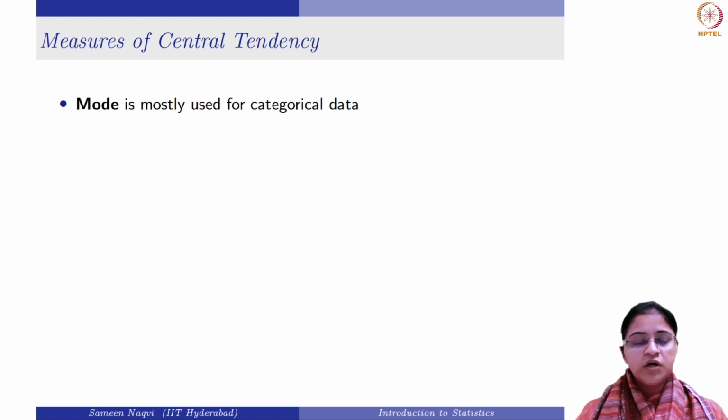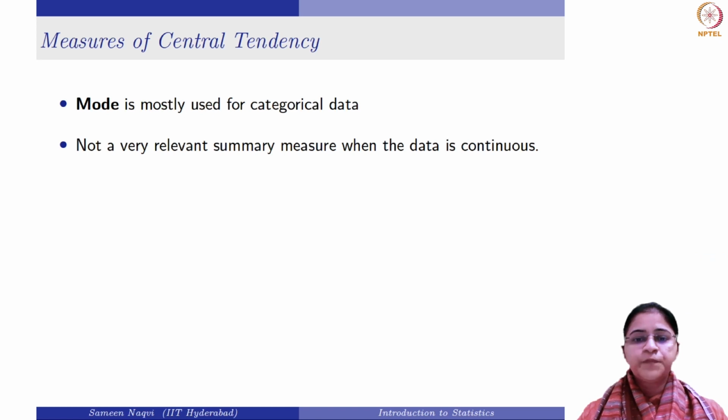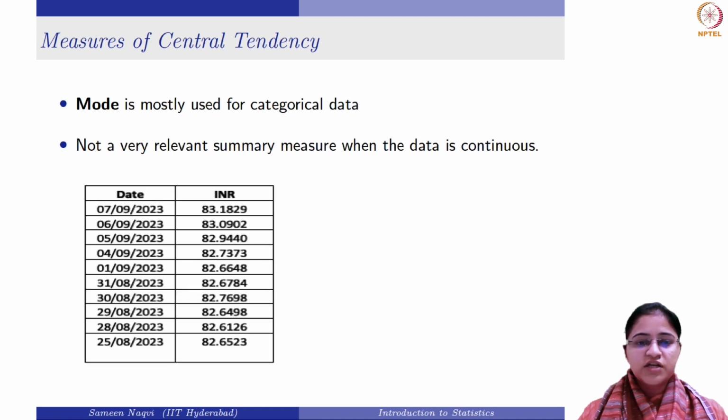Next, mode. Mode, as we have already seen earlier also, is mainly used for categorical variables. Also, if you talk about numerical variables, then also you can see that it is not a good measure when your data is continuous, because you can consider an example over here where you have the daily conversion rates of dollar to INR.